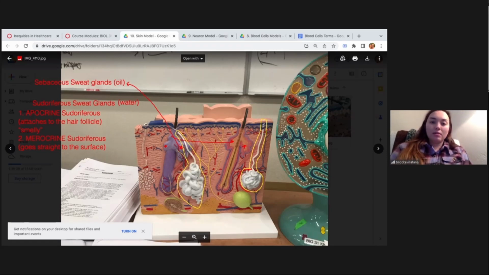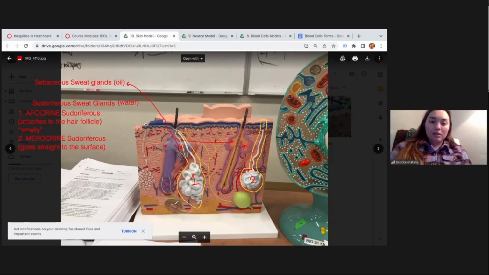Does that make sense? That's how I remember it. Basically, the stronger smell is associated with the apocrine, the hair. So 1 is apocrine, and 2 is merocrine. That's the main thing we want you to identify on this model: the different types of sweat glands, apocrine and merocrine.